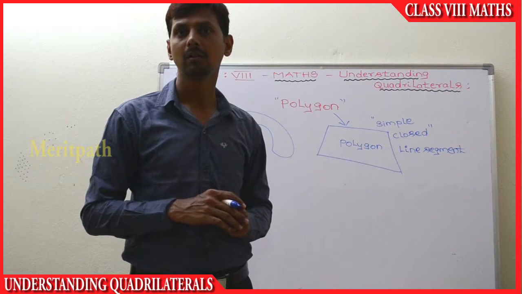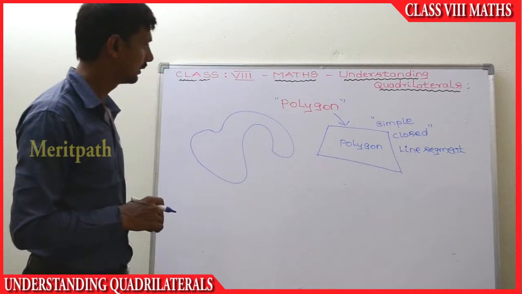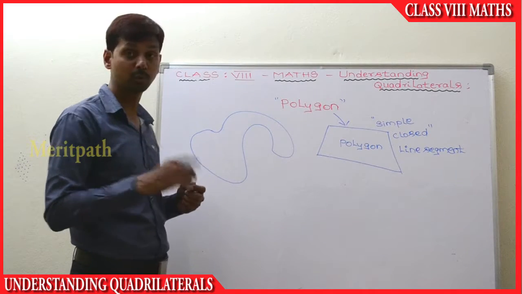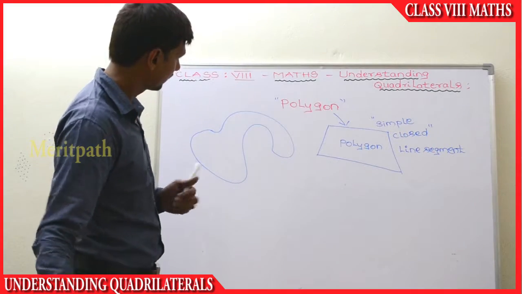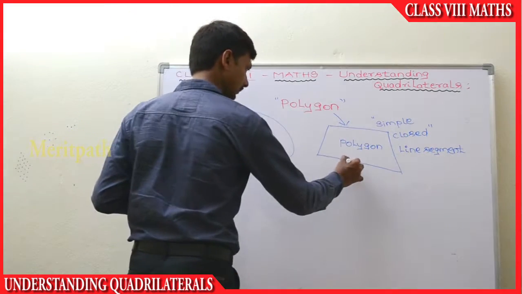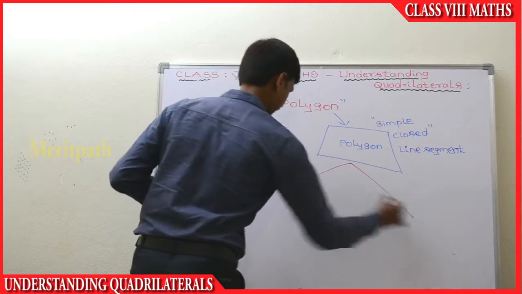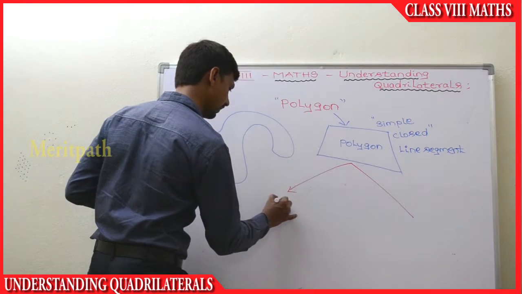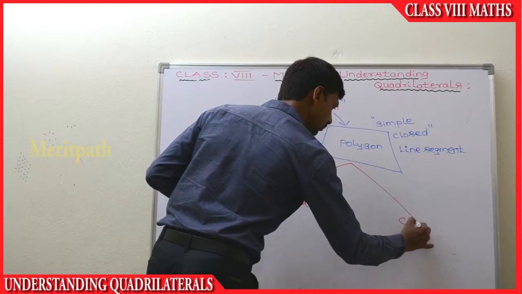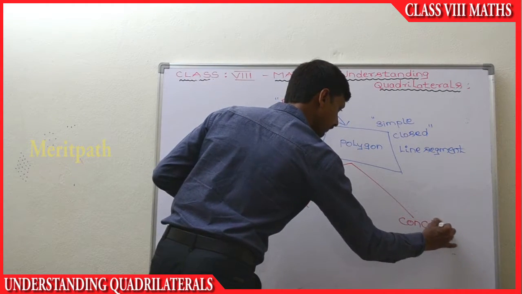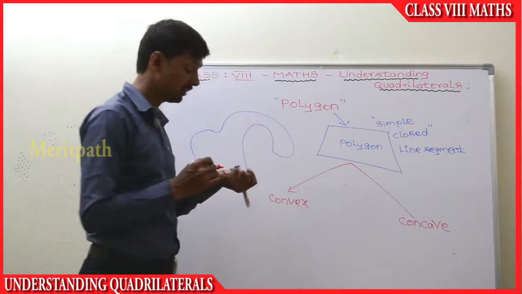Polygons are of two types: convex polygon and concave polygon. Two types of polygons we have.